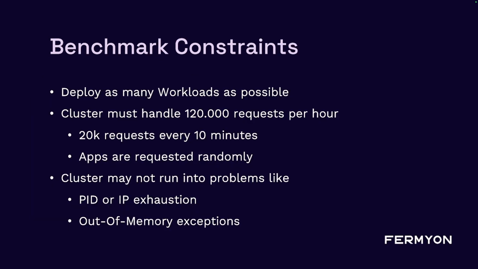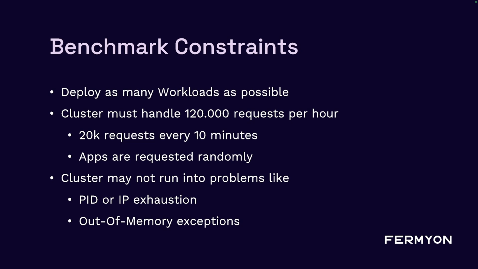From a benchmarking point of view, we wanted to deploy as many workloads as possible to those clusters to strive for high density. Obviously, we want to ensure both workloads and the underlying AKS cluster remain healthy. To simulate load, we sent 20,000 requests to random workloads running on the particular cluster every 10 minutes.